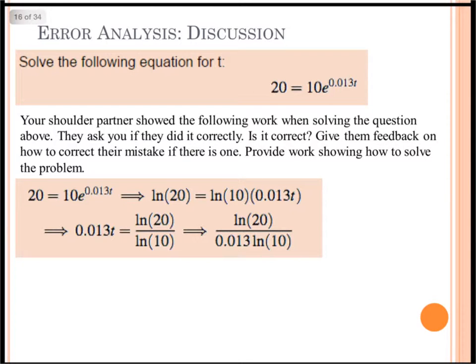Just type up what you think the answer is. Don't feel like you have to copy whatever the first couple people answer, because usually there may be a couple different types of answers that students will say, and I'll be checking on that later. Okay, and then also there's a worksheet to do that you should get from the sub, and I will take that up when I get back on Monday.